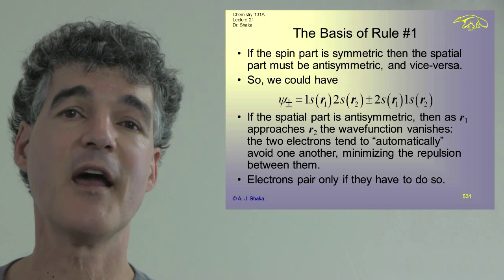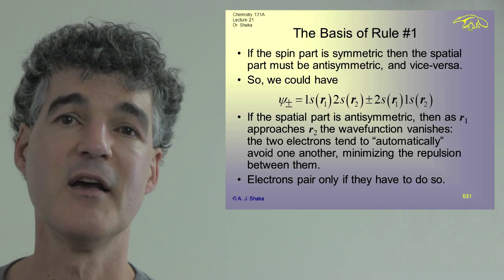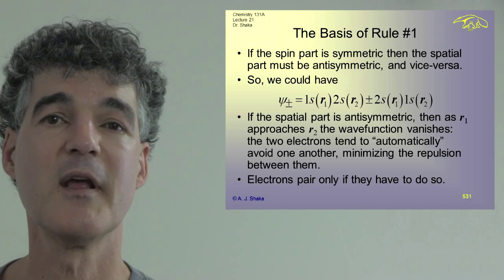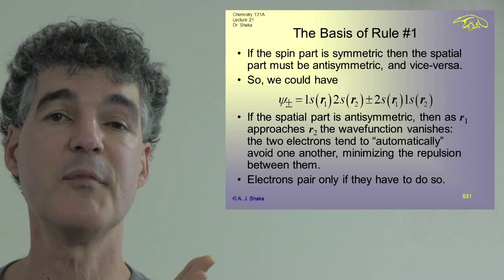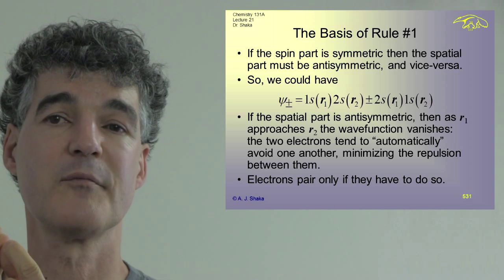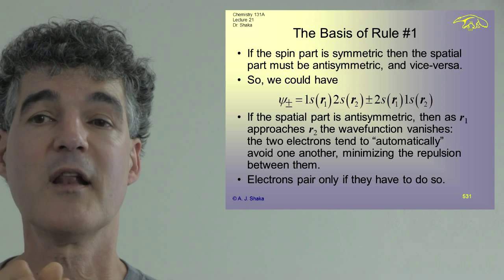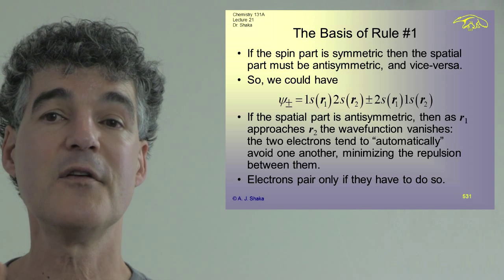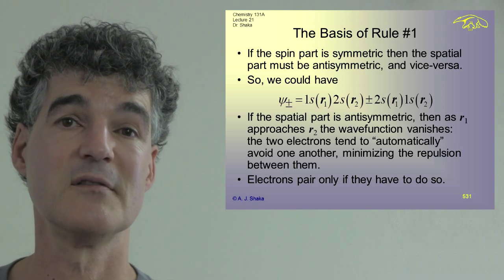What happens to that function as r1 and r2 become the same? What does it mean when r1 and r2 become the same? It means the electrons are getting very close together. Well, sort of like magic, when r1 equals r2, psi vanishes.